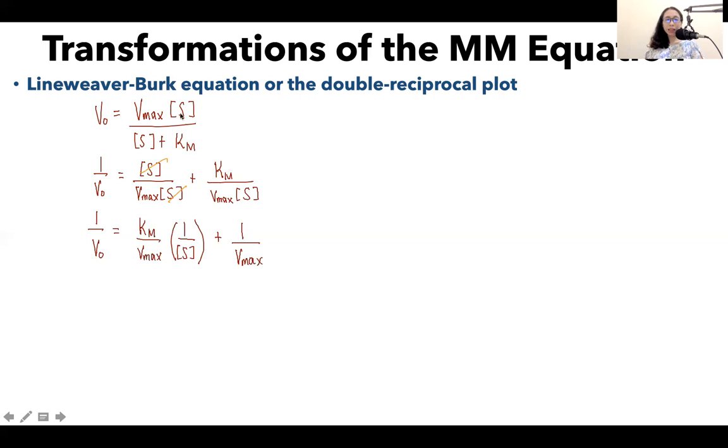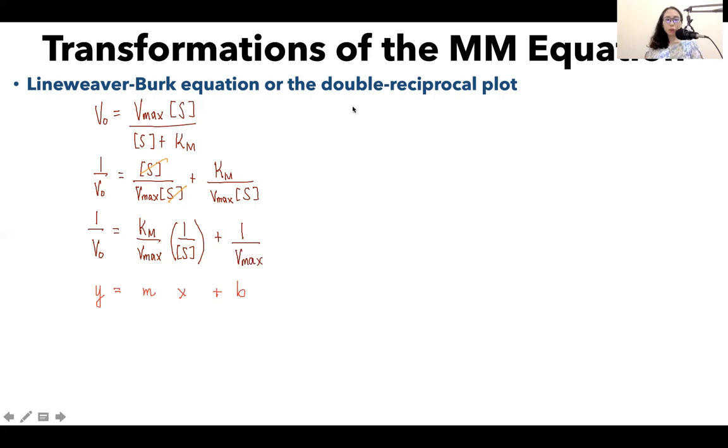And we get the slope-intercept form of a line. Our y is the inverse of the initial velocity. Our slope is Km divided by Vmax. Our x is the inverse of the substrate concentration, and our y-intercept is the inverse of Vmax.